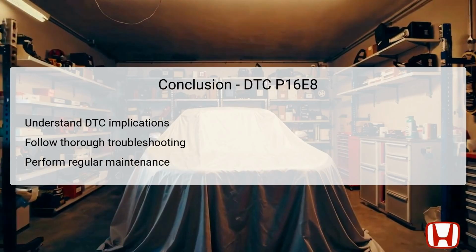Awareness of possible symptoms leads to quicker identifications, while preventive maintenance practices can secure the longevity of electrical systems. In navigating this DTC, it becomes clear that systemic checks and awareness of all components involved are crucial for proper function, reinforcing a comprehensive approach to Honda vehicle troubleshooting and repairs.